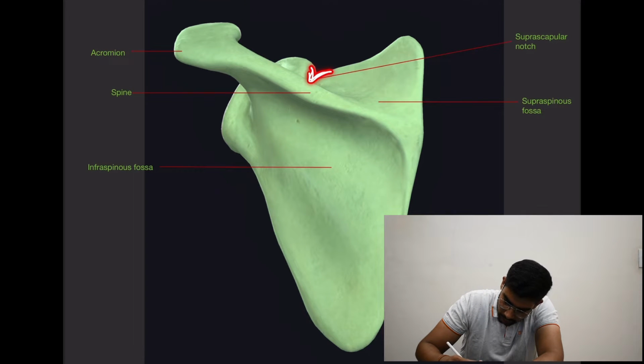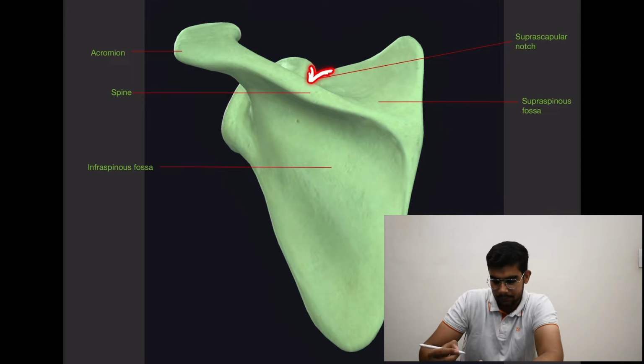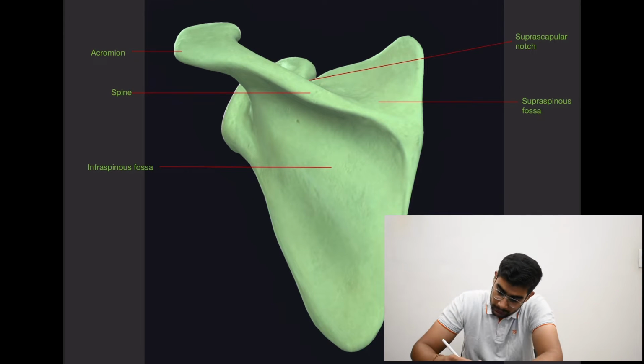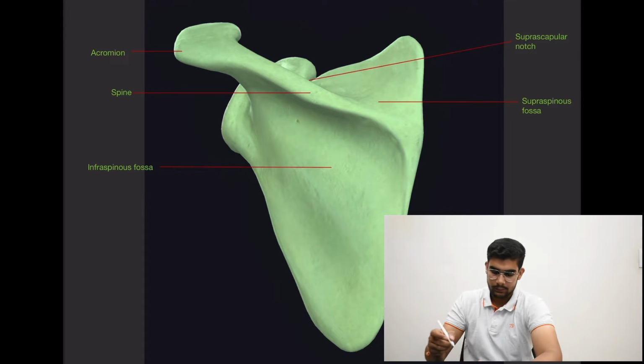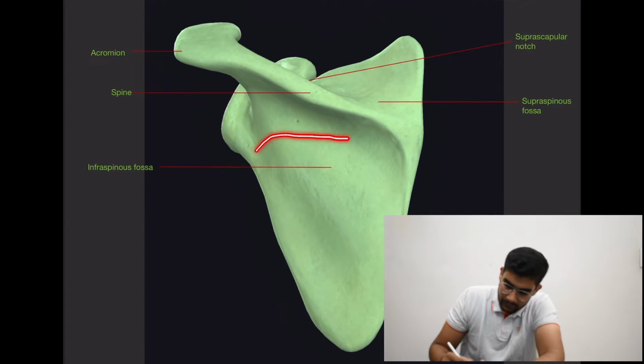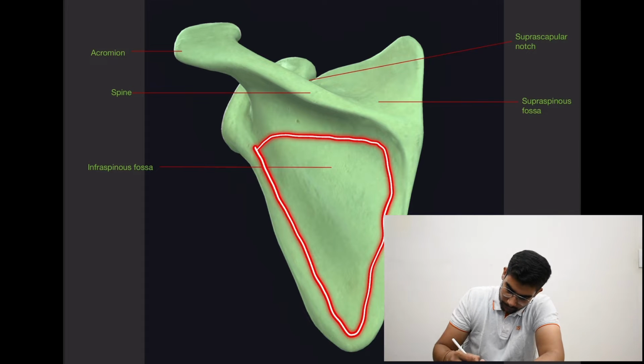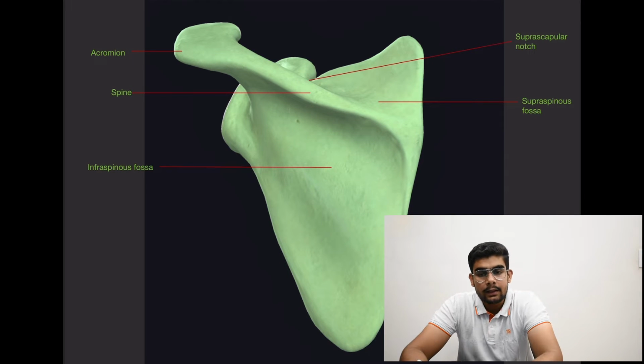It is a notch present on the superior margin. Then comes supraspinous fossa. Supraspinous means above the spine. Infraspinous fossa. Infraspinous means below the spine. The spine is an upliftment, or you can say an extension which is found on the scapula.